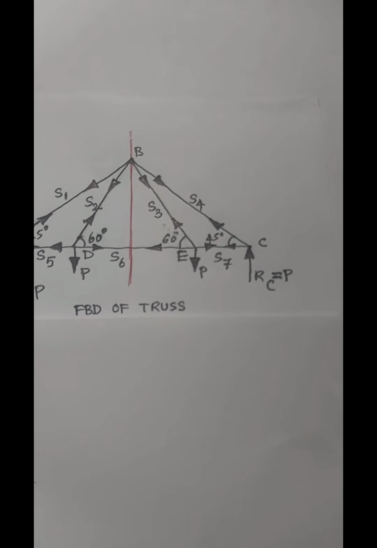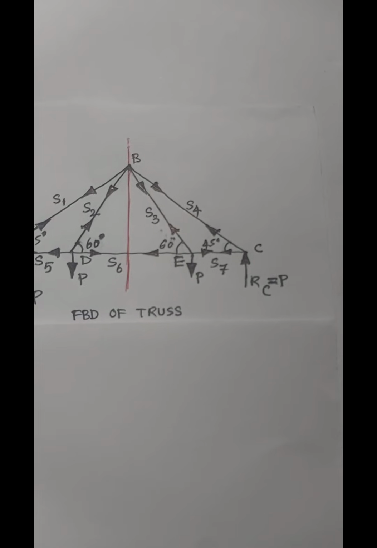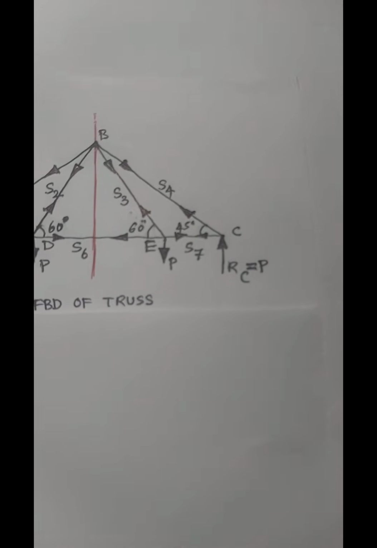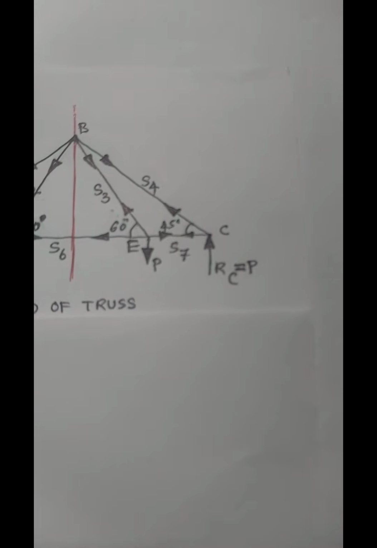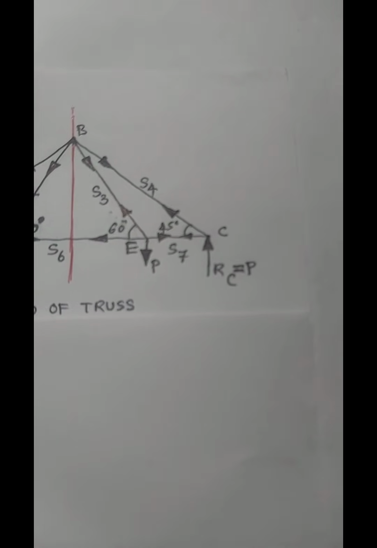Then after, considering the free body diagram of joint C separately, apply the equilibrium equations along x direction and y direction so that we can find S4 and S7 in terms of known forces.